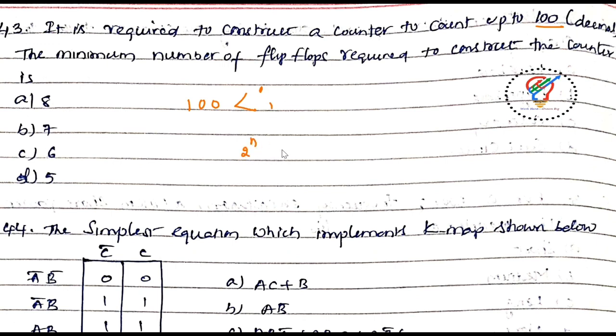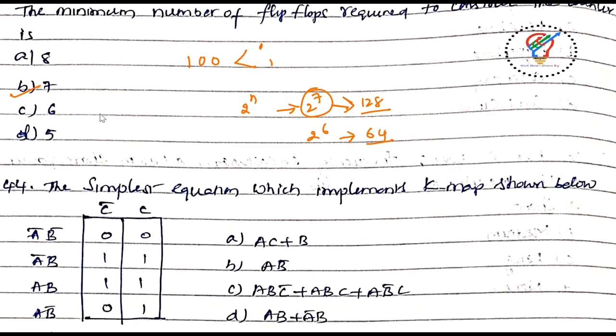So 2 power 7 is going to count 128, and 2 power 6 means it is only 64. So 2 power 7 means we need 7 flip-flops as the minimum number required to construct the counter. So the answer will be 7 here. This question I have collected from an Odisha Polytechnic examination paper, right?